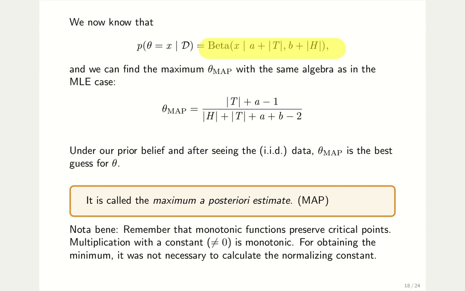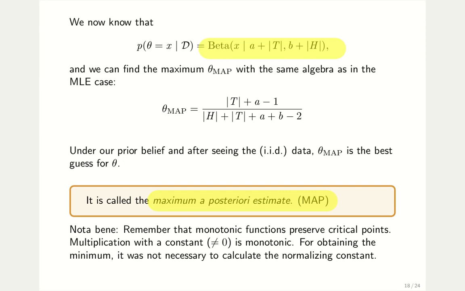It's again the exact same calculations, taking the derivative of this beta distribution and so on. We will skip these exact steps. What you end up with is another point estimate, the maximum a posteriori point estimate.